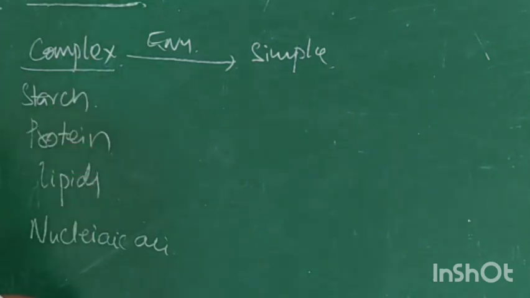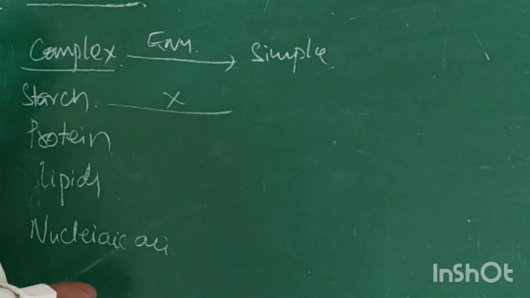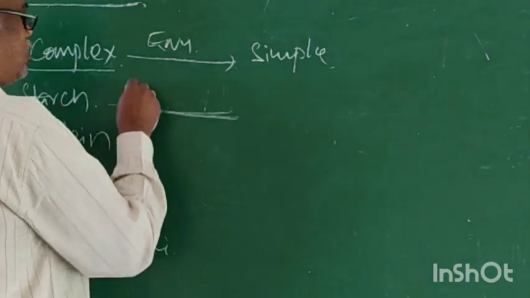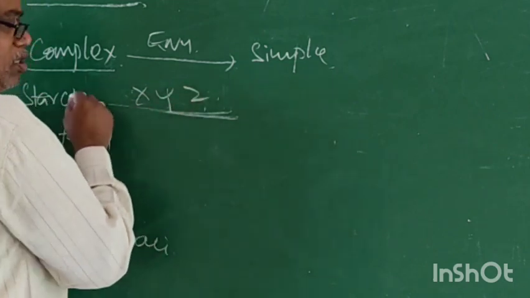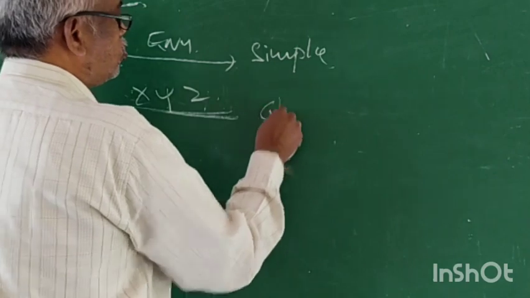These are the compounds that, with the help of an enzyme, that may be X, Y, Z, maybe X, Y, Z, the starch breaks down into glucose.